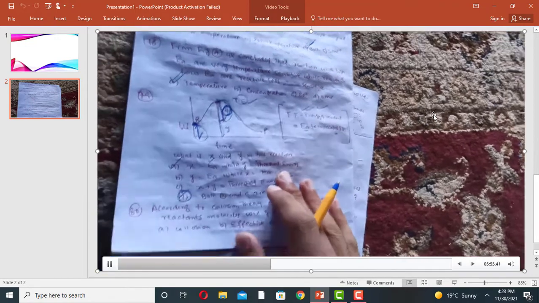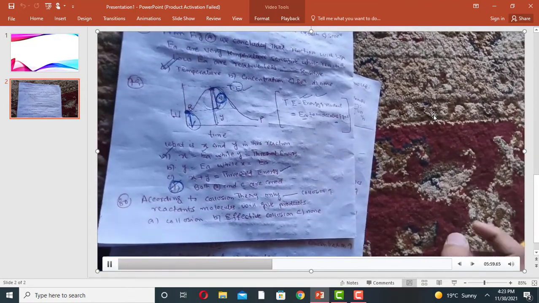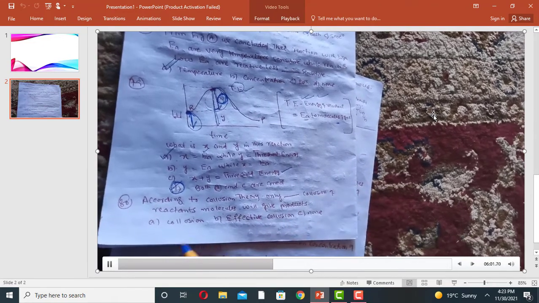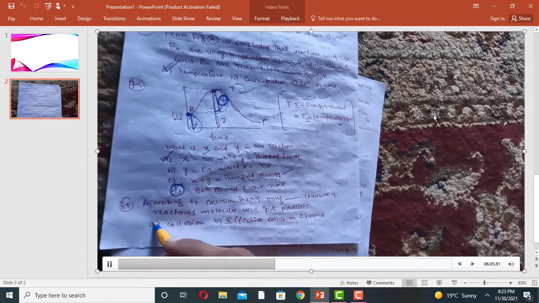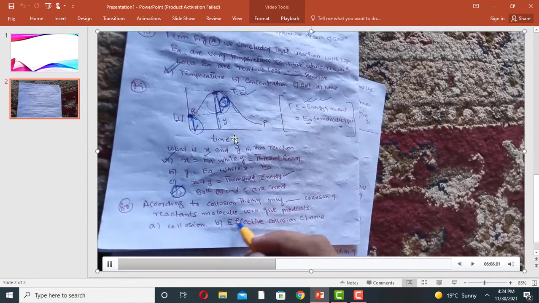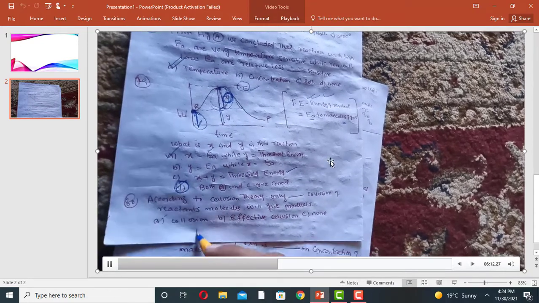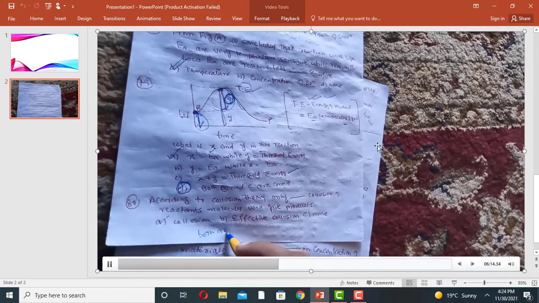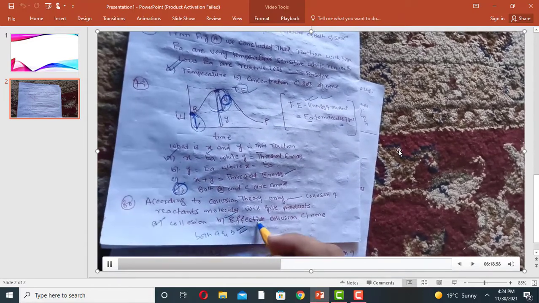According to the collision theory, only dash collision of reactant molecules will give us product. Only collision, no. Effective collision, yes. Both collision and effective collision, and also correct orientation, will give us product. So both A and B are correct options.